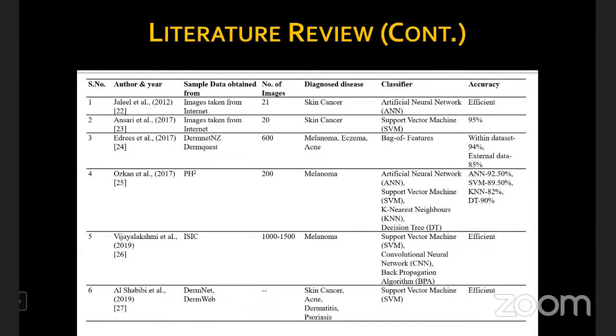In another study undertaken in 2017, online repositories were used, DermNet NZ and DermQuest, and the six diagnoses included melanoma, eczema, and acne. The classifier used was bag of features.